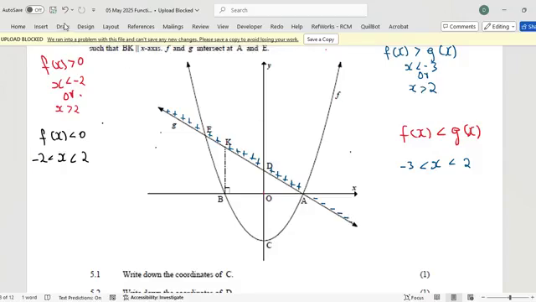Even on the other graph, when we move this way, we've got positive values in the second quadrant, up to that point. Even this one, positive values also.